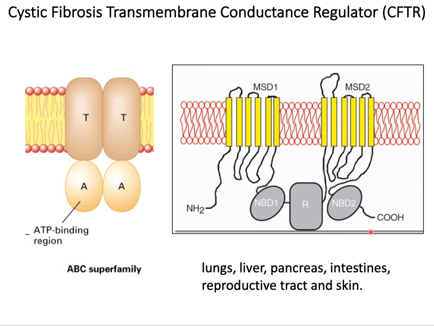And then there is a very important region which we didn't talk about, the R region, or the regulatory region. This R domain plays an important role in turning this transporter on and off, which is related to the flow of water across epithelia after signaling.